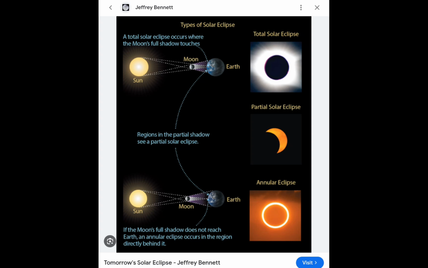In total solar eclipse, when it occurs friends, the total solar eclipse occurs where the moon's full shadow touches. Then solar eclipse occurs. Try to understand this picture and relate with your question. Okay friends?